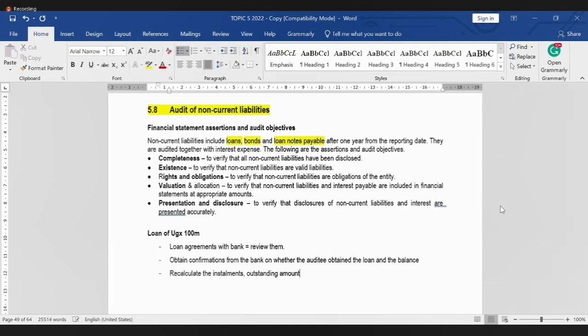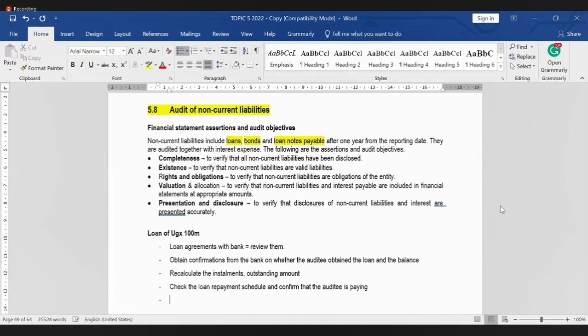We can also check the loan repayment schedule and confirm that the client, the auditee, is paying back. Because if he doesn't pay, then they'll fine them with penalties for not paying.